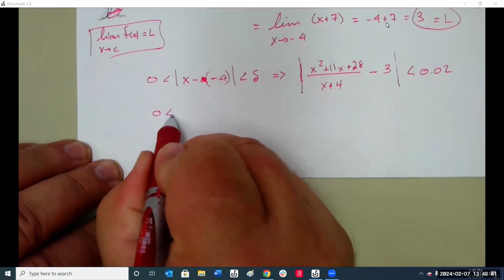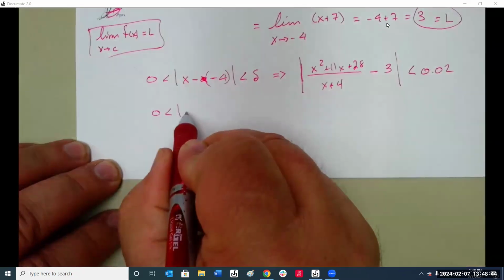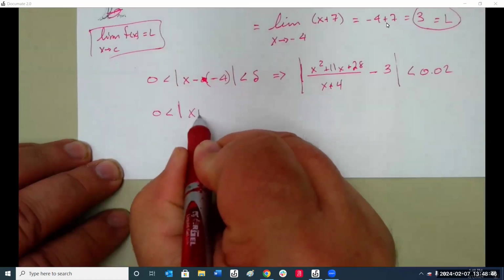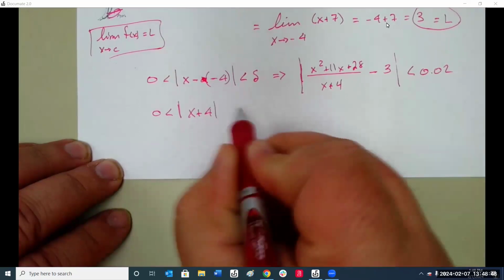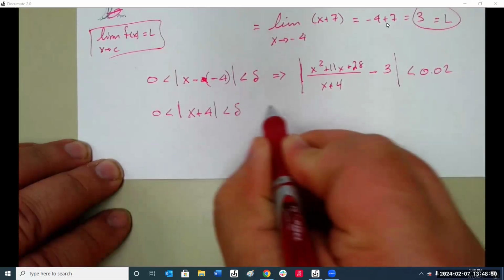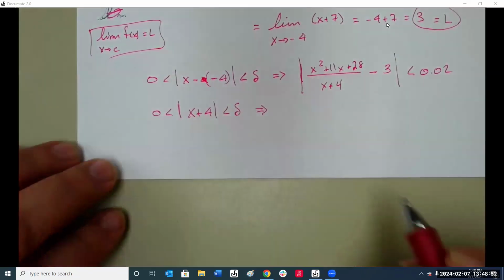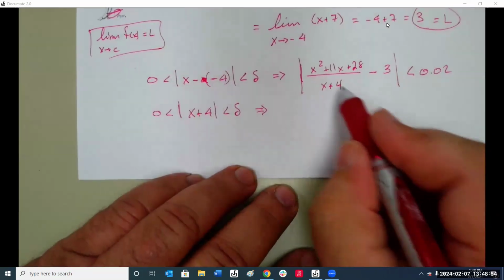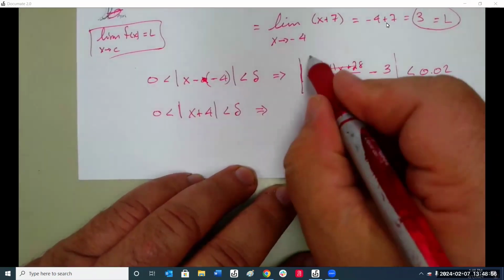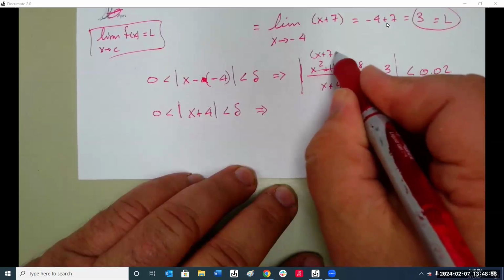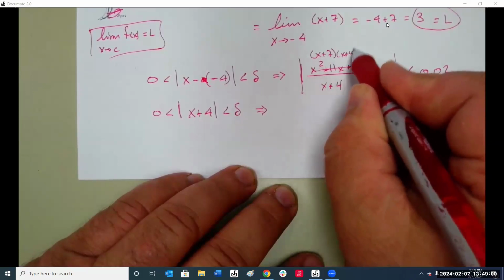So we have 0 is less than the absolute value of x plus 4, since a negative becomes a positive. And here, remember, we can factor that one out as (x plus 7)(x plus 4).